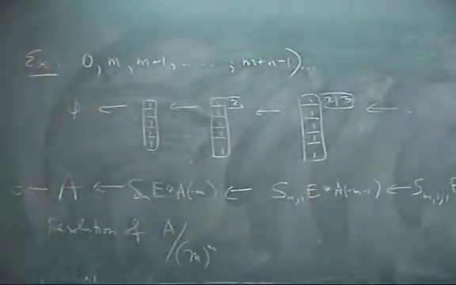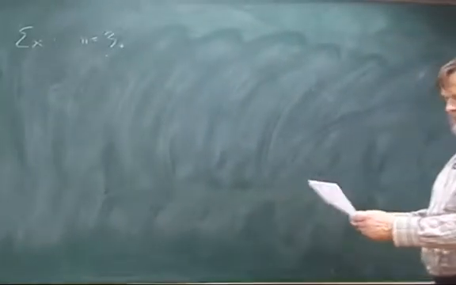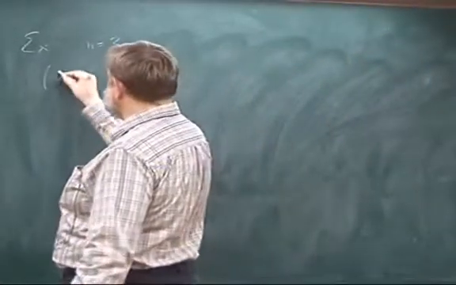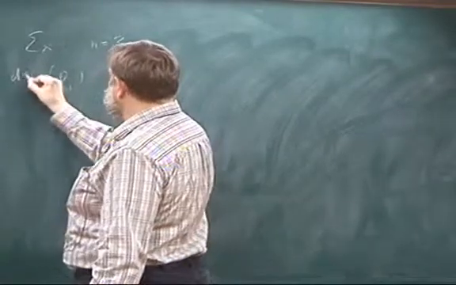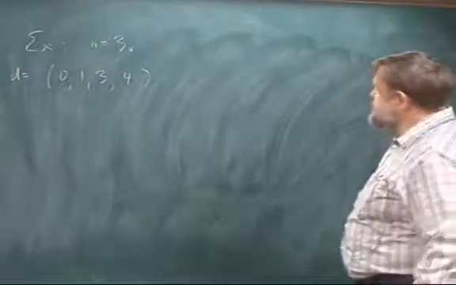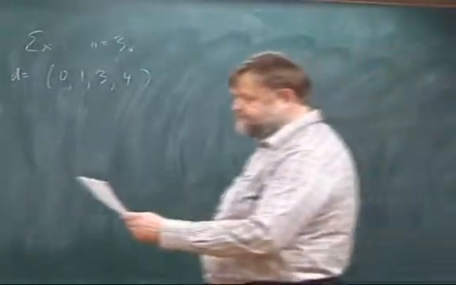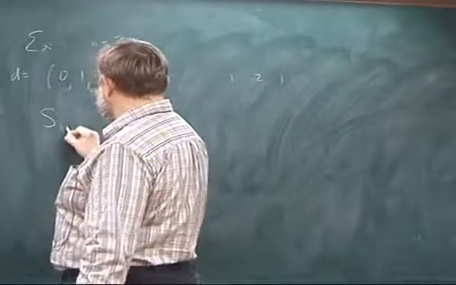But let me show you some very small examples for n equals 3. Let's look at the following degree sequence: d equals 0, 1, 3, 4. So you see, the shifts are 1, 2, 1. Okay, so what do we get? Let me just write my sequence.